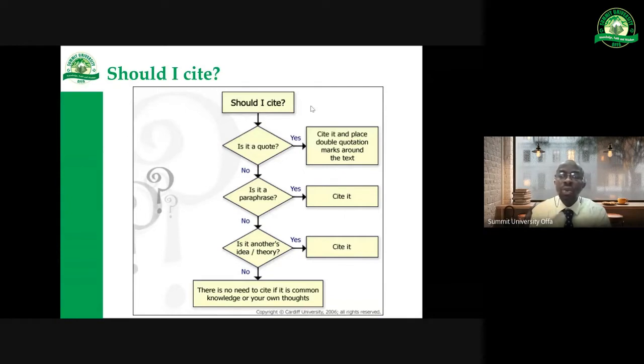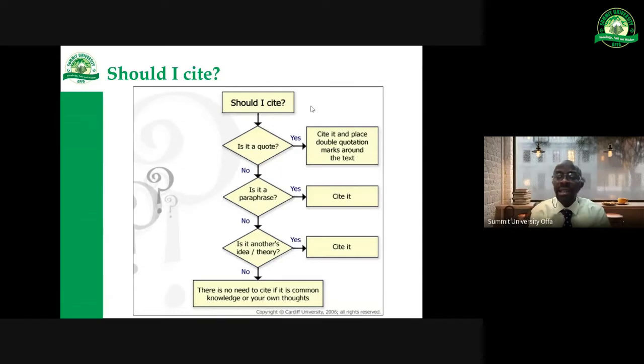If it is not a quote, then you must ask yourself, is it a paraphrase? If what you have presented, that sentence, is a paraphrase, then you must cite it. Assuming it's neither a quote nor a paraphrase, then you need to ask yourself, is it another idea or theory that is not yours?